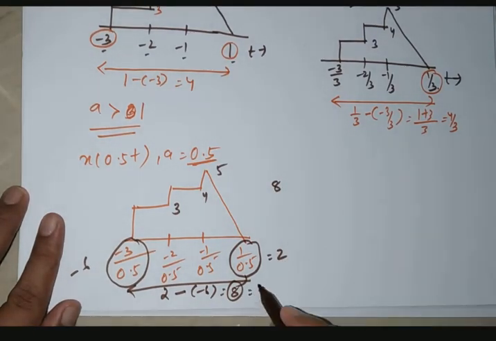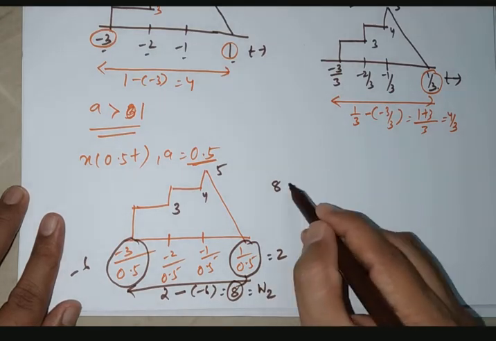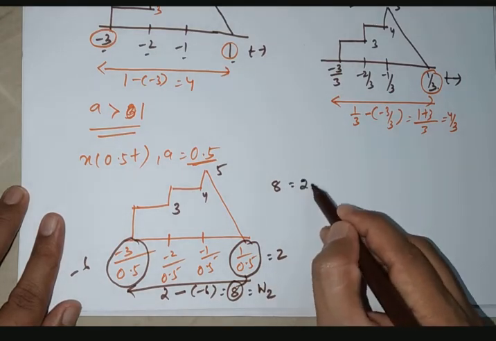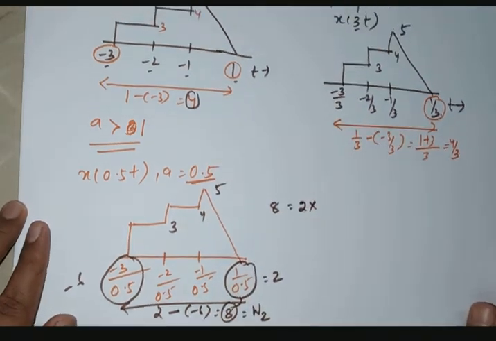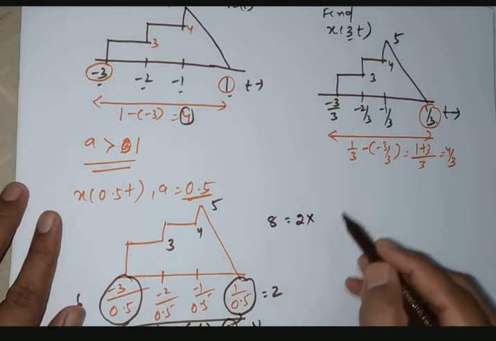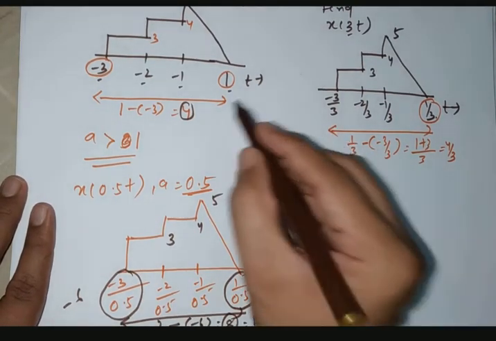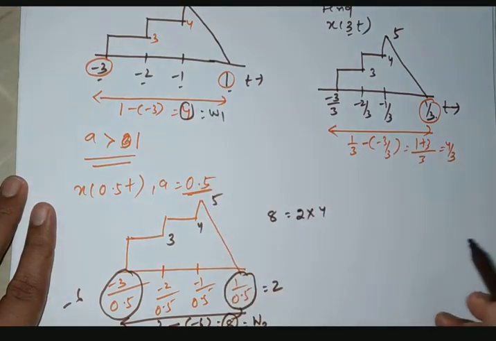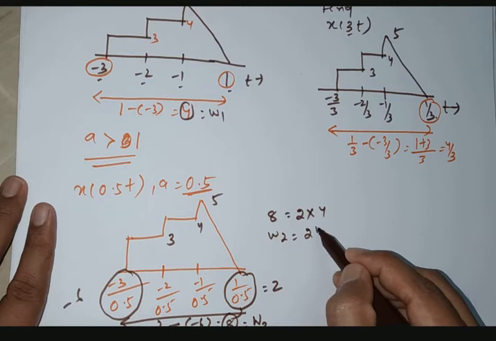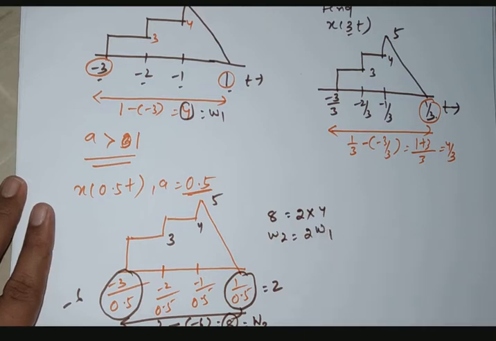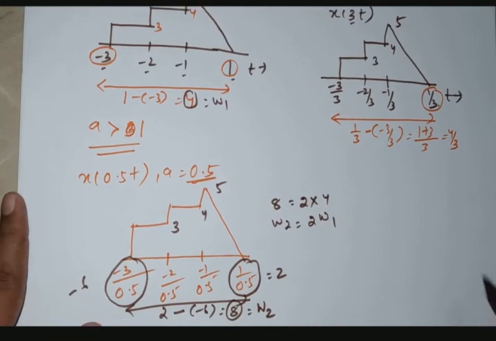Let this be W2. So 8 equals twice the width of x of t. Let the original width be W1, then W2 equals twice W1. It's double.